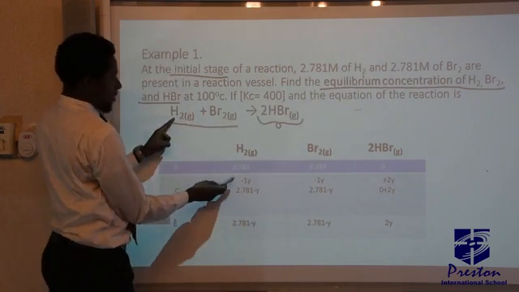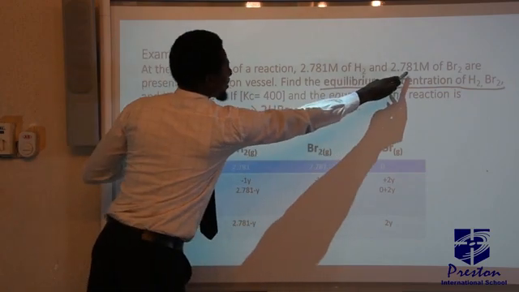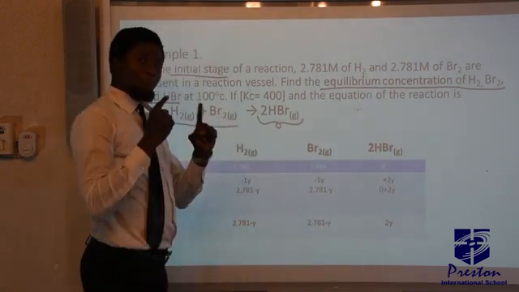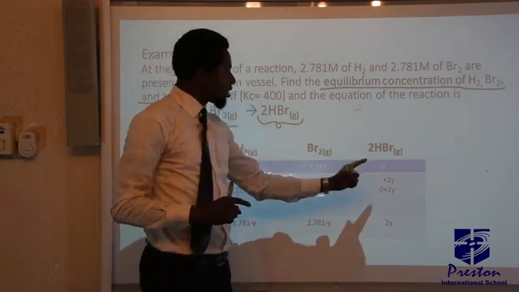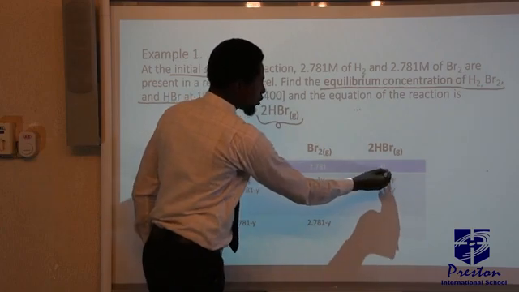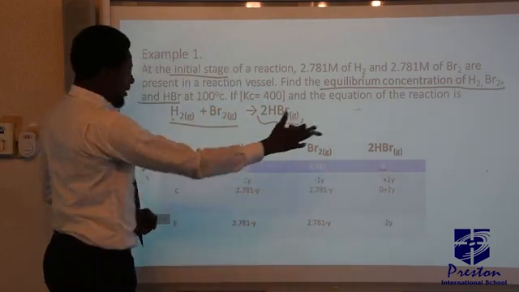Then for Br2, 2.781. Don't forget in our last class we said that at the initial point, nothing will be produced at the product. That is why we have 0. So that is the initial concentration at the product.